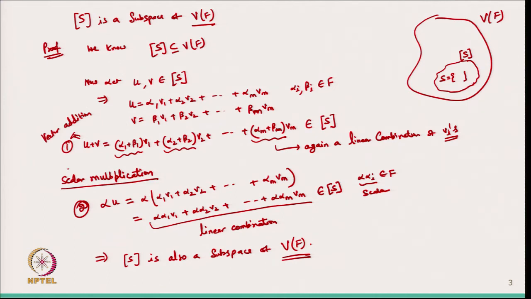So, if we satisfy these two properties, then from here we can say that this is also a subspace of the vector space V over F.